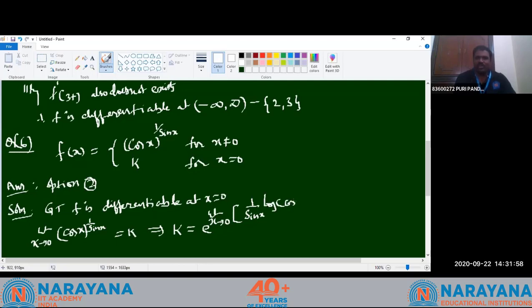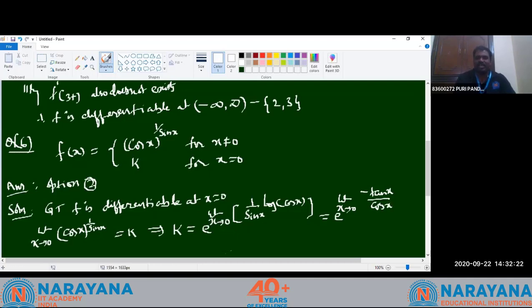So it is a 0 by 0 form, so we have to apply L'Hospital rule. On applying L'Hospital rule, we get e power limit x tends to 0 of minus tan x by sin x, cos x is there, so minus tan x by cos x.